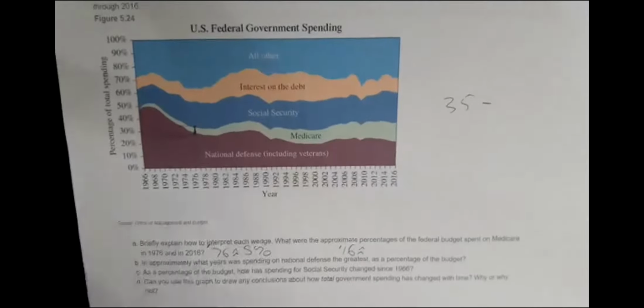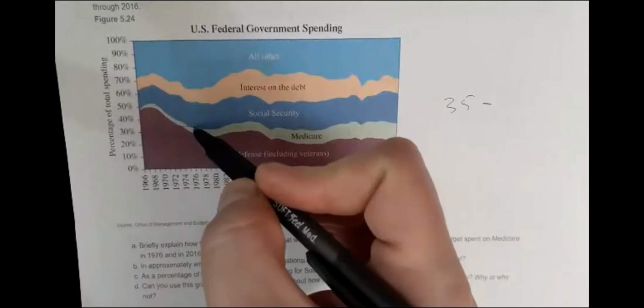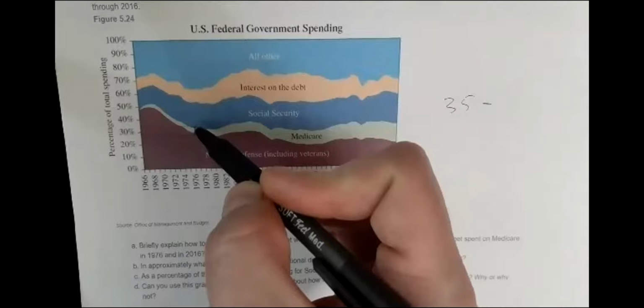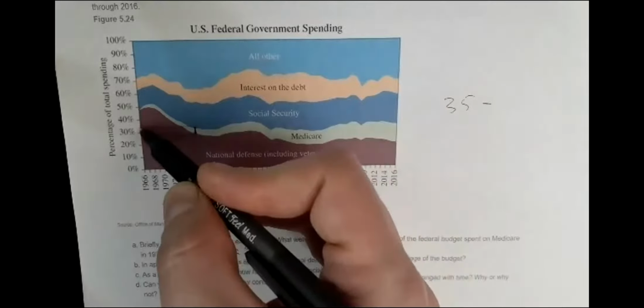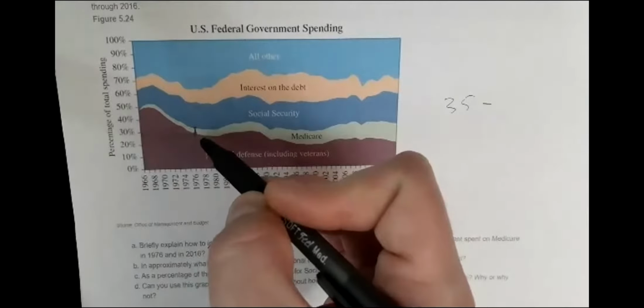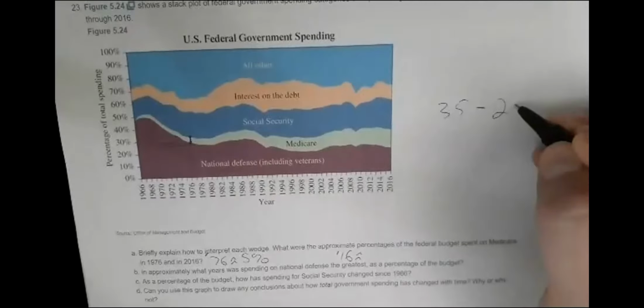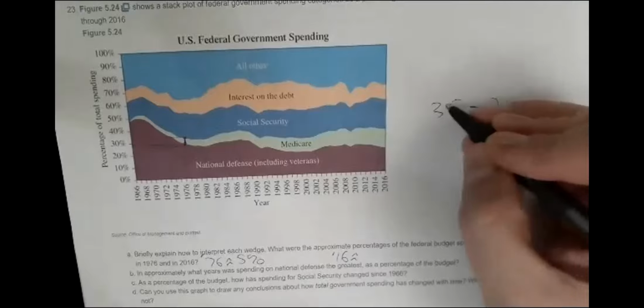Okay, so if I look along here, can you hear me now? Yes, just fine. Okay, so if I look along here, I will try to make sure I speak right into the computer. This is about 35 right in here. This is about 25 right in here.